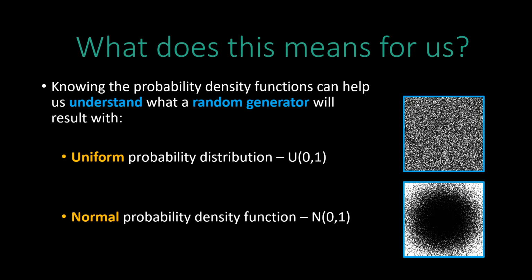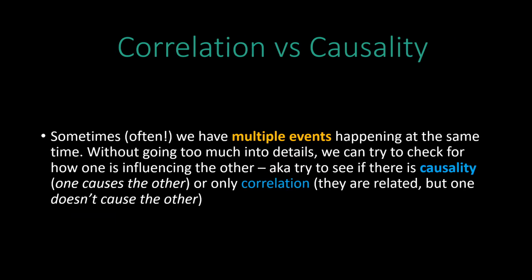So right, there is a lot more complexity in probability theory. Some of it is, for example, talking about correlation and causality. And so if two events are somehow related, they are correlated, meaning that one is somehow influencing the other, but it doesn't necessarily mean causality, and causality is that one is causing the other.